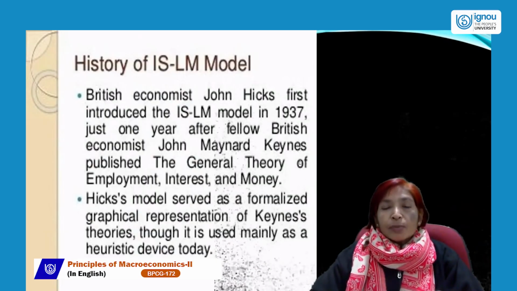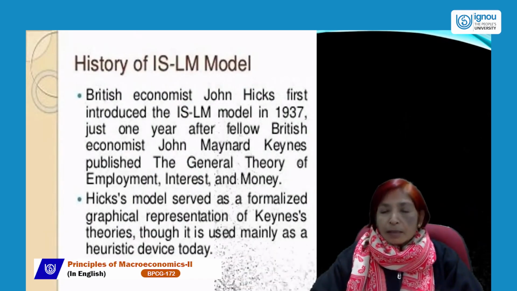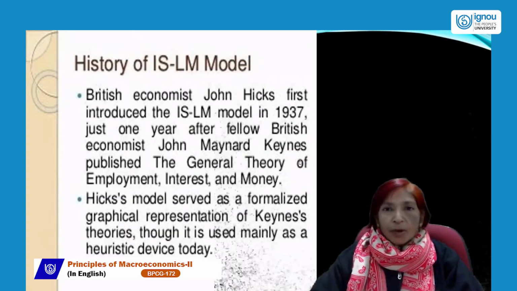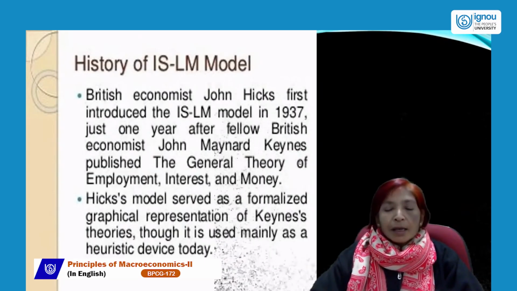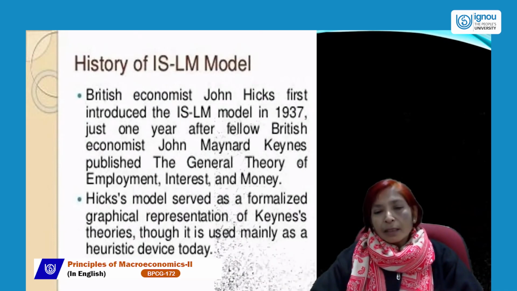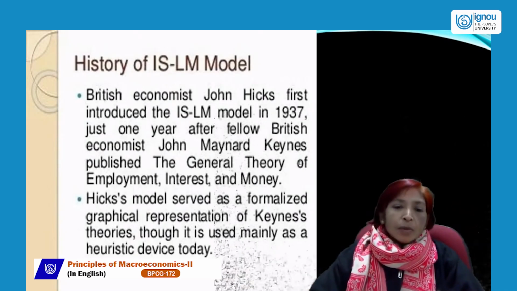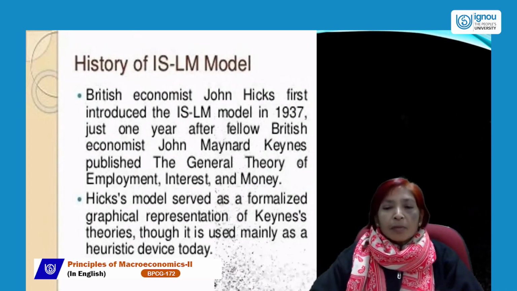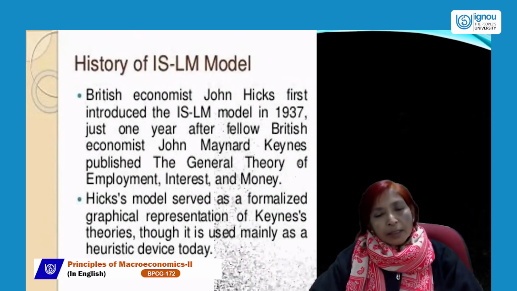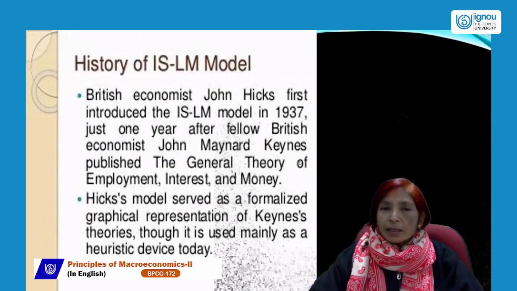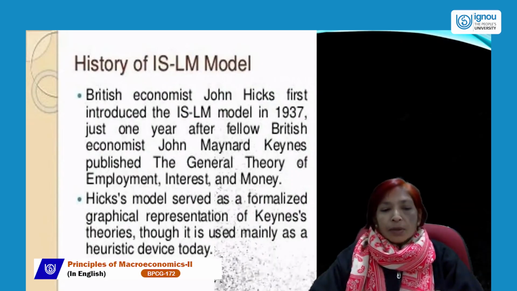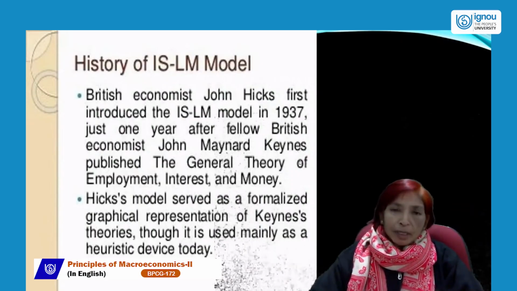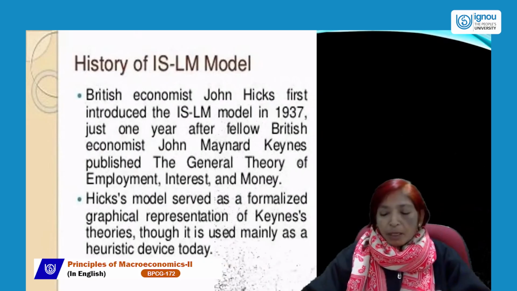This book was published by J.M. Keynes in 1936, and just after one year, John Hicks introduced this IS-LM model in 1937. Hicks' model served as a formalized graphical presentation of Keynes' theory, though it is used mainly as a heuristic device today. So this is the main history of the IS-LM model.